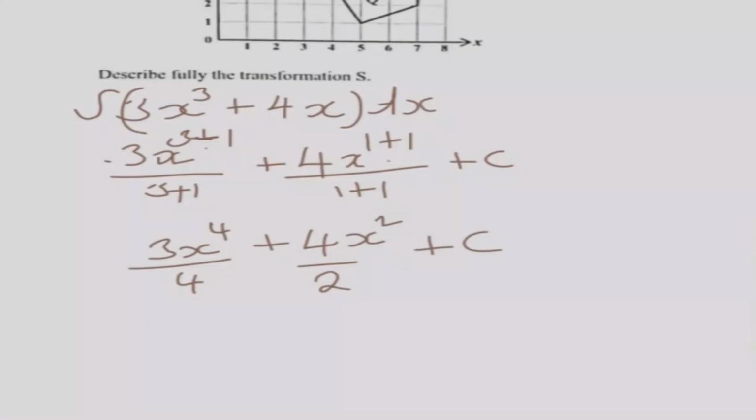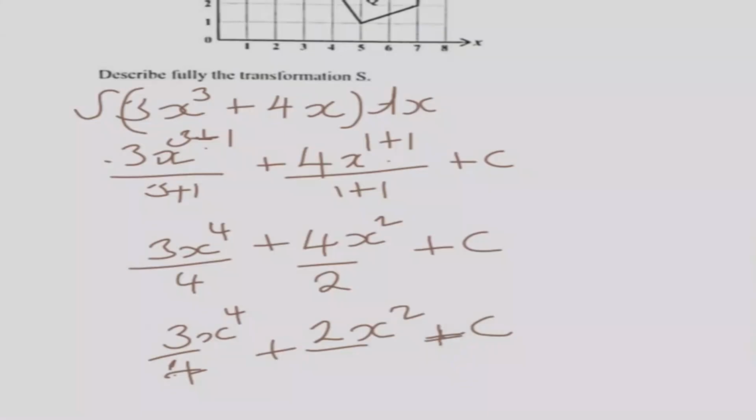So what you can do now is evaluate. Can we divide the 3x over 4? No, so we remain with 3x raised to the power of 4 over 4, plus 2 into 4, it will go 2 times, so we have 2x raised to the power of 2, then plus c.